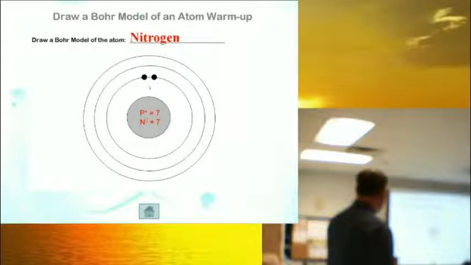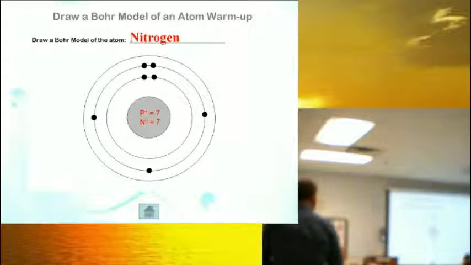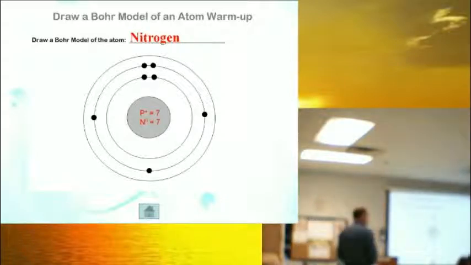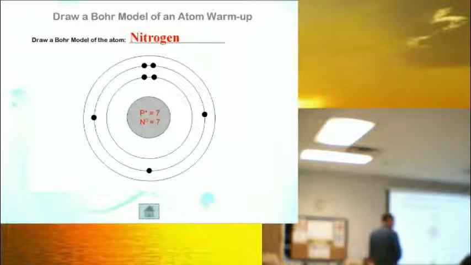So we need how many in the second shell? 5. 1, 2, 3, 4, 5, for a total of 7. And this is the way your model should look. If you didn't do that on your warm-up, make corrections now.